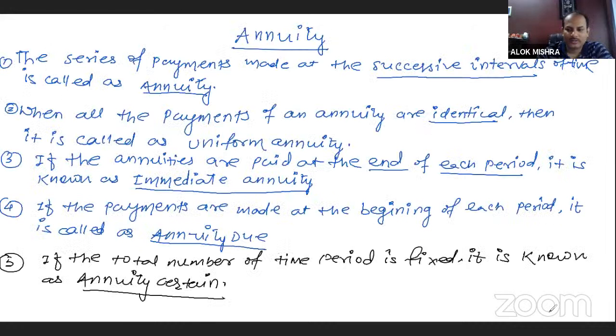Next point, which was point number 6. An annuity, sorry, yes.